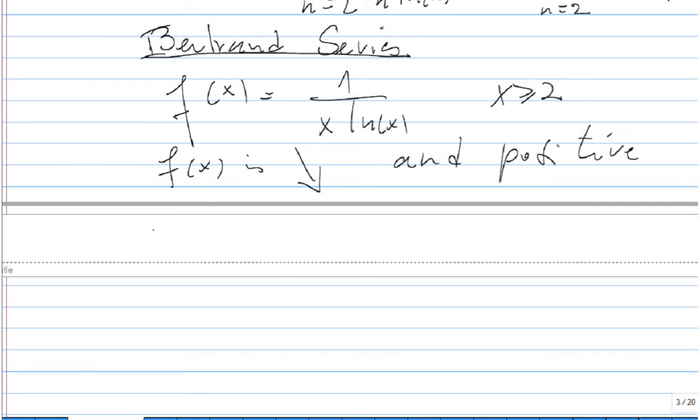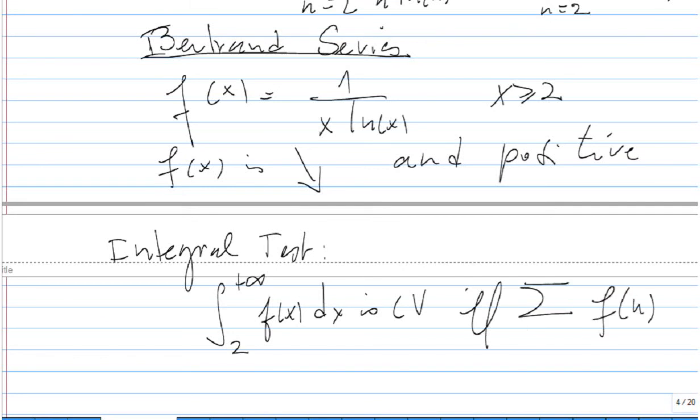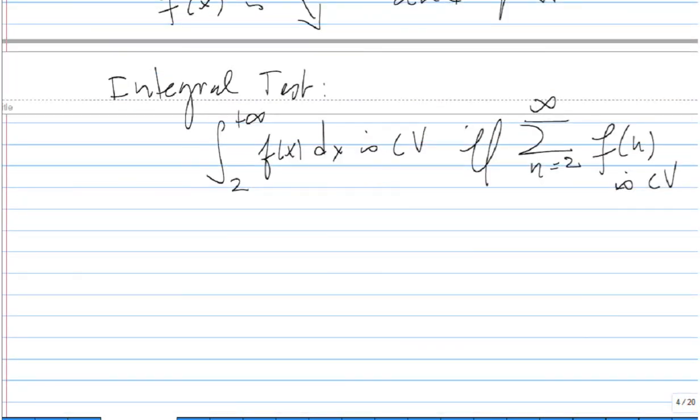The integral test tells us that the integral from 2 to plus infinity of f of x dx is convergent if and only if the series of f of n from 2 to infinity is convergent. So if one is convergent, the other is convergent, and vice versa. Otherwise, if one is divergent, the other one is divergent. So here we go ahead with the improper integral of 1 over x ln x dx.